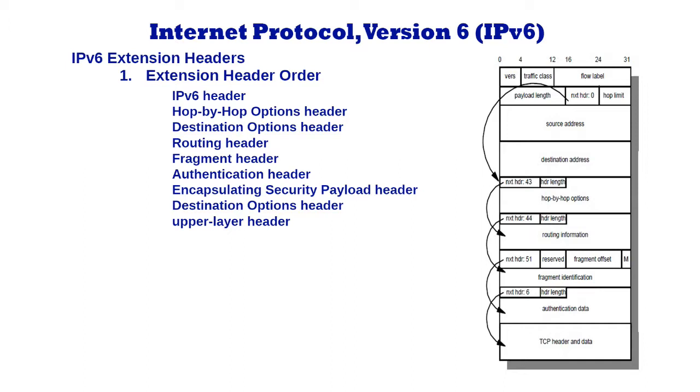Each extension header should occur at most once, except for the destination options header, which should occur at most twice, that is, once before routing header and once before the upper layer header.